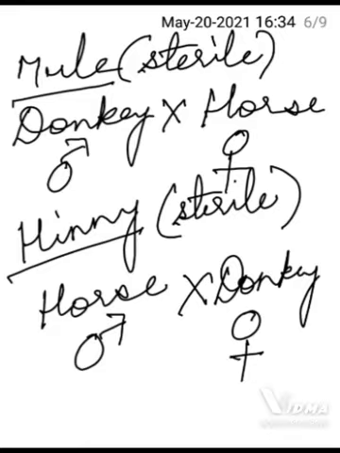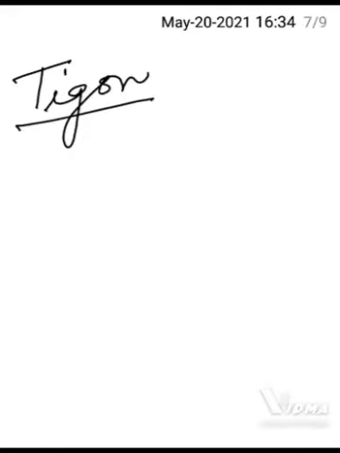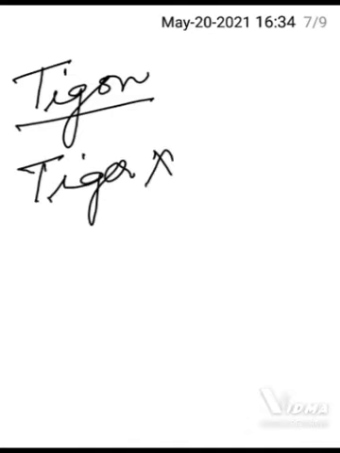Okay, let's take some more examples. There is an example, Tigon, and this is formed by mating of tiger with lioness.